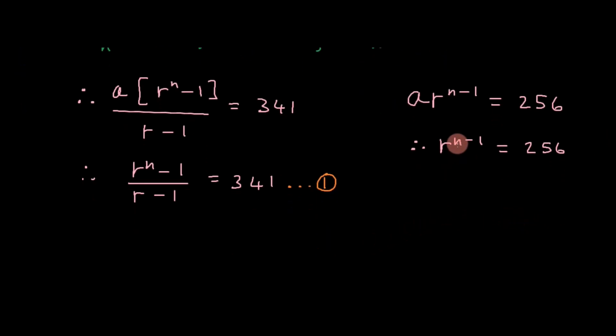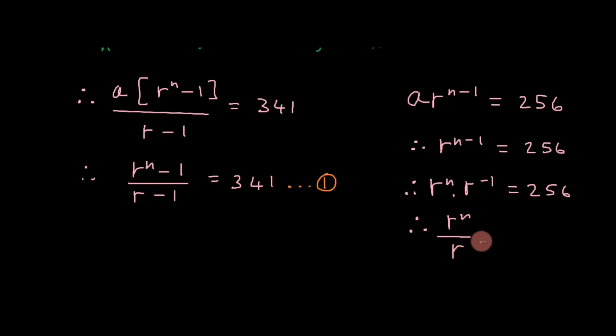Now I'm going to rewrite the left-hand side of this equation slightly differently. I'm going to use the rules of exponents and write it as r to the n times r to the negative 1. I'm going to take r to the negative 1 into the denominator. So the power becomes positive.